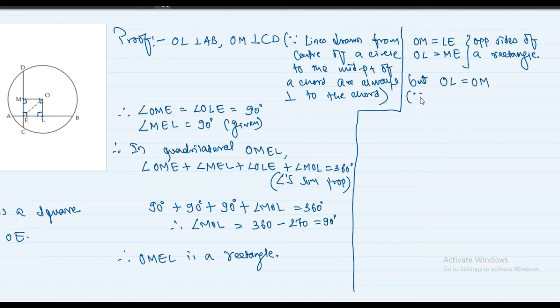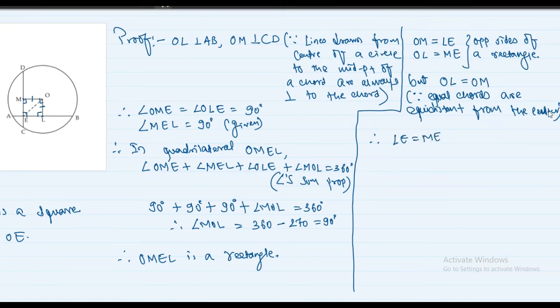Why is OL equal to OM? Since equal chords are equidistant from the center. Which chords are equal? AB and CD are equal. Therefore, the perpendicular distance of AB and CD from the center will be the same. OM is perpendicular to CD, OL is perpendicular to AB, so OM and OL will be equal. If OM and OL are equal, therefore we can say that LE is equal to ME.